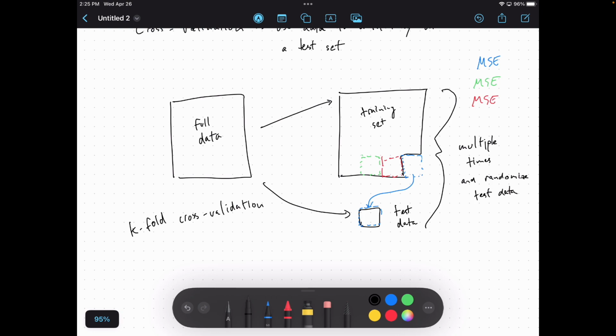If k is 2, you would just do 2 halves, so you could split it totally in half. You would train on one half, test on the other, and then flip it, test on the original training, and train on the other one, generate 2 mean squared errors, and so on and so forth.